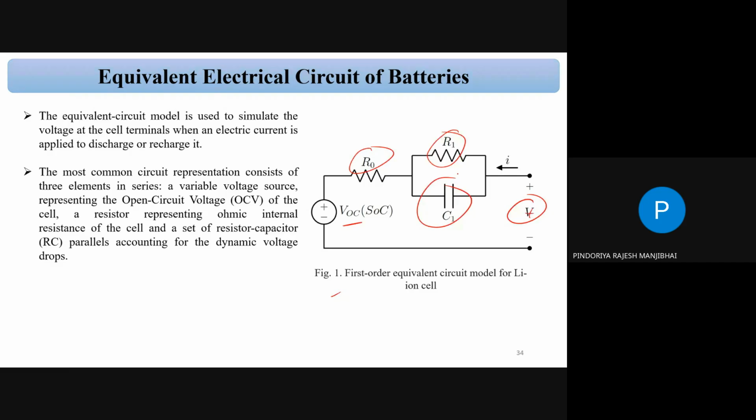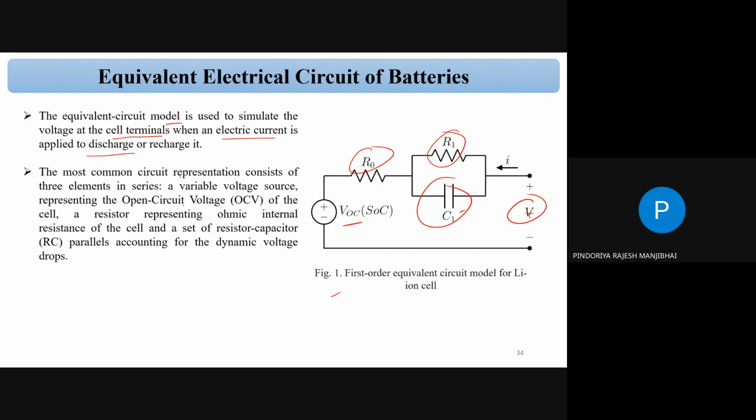In between we connect R1 and C1 because we have to store the charge, correct? The capacitor and resistor are both used to store the charge. The equivalent model is used to simulate the cell terminal voltage when electric current is applied to discharge or recharge the battery, correct?